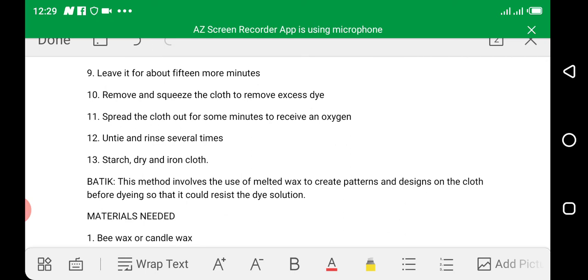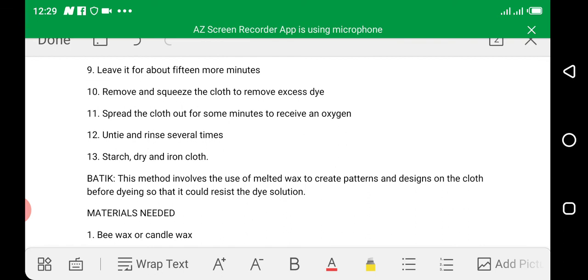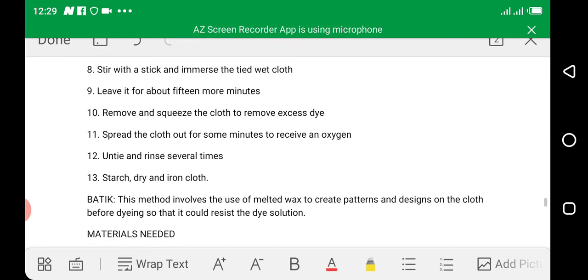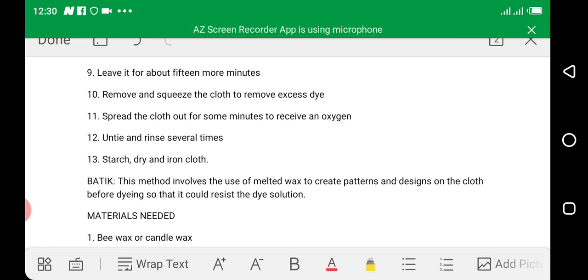Number 11, spread the cloth out for some minutes to receive oxygen. You leave it out so that the cloth will absorb some amount of oxygen so that the cloth will be relaxed. Untie and rinse several times. Why? Because it is good to rinse well so that when washing, the dye solution will not fade out.